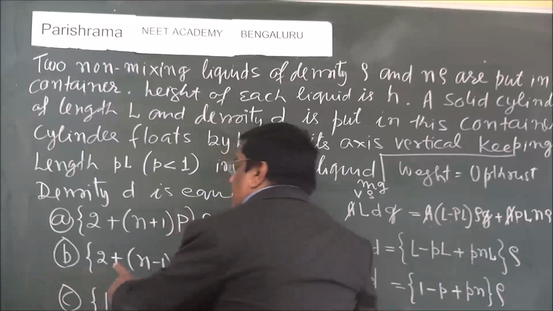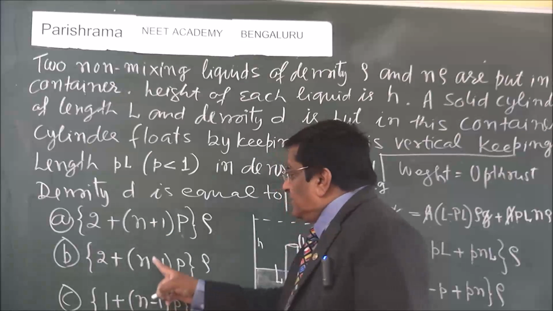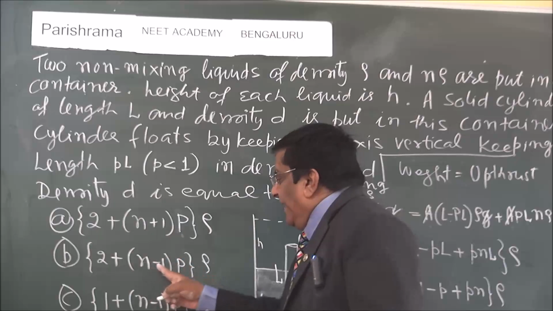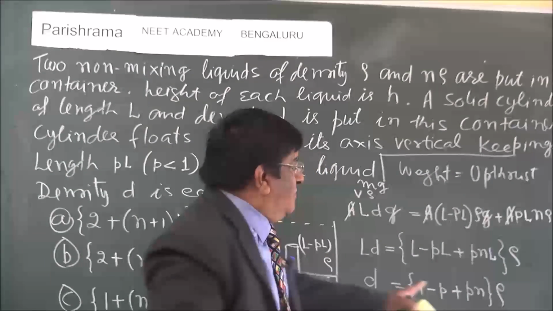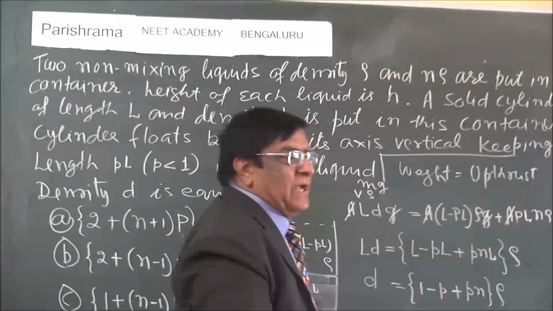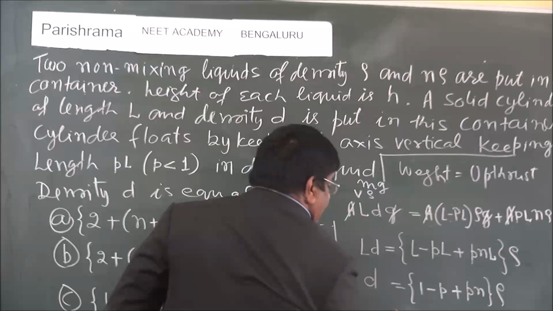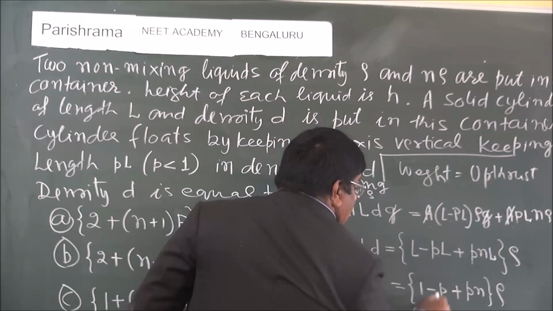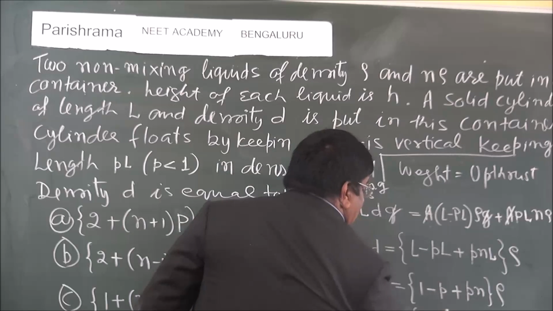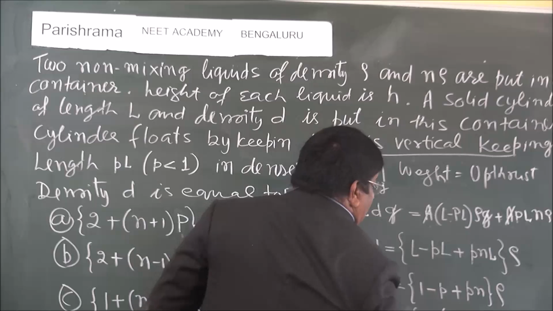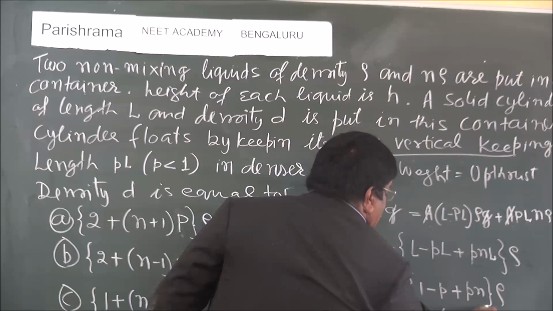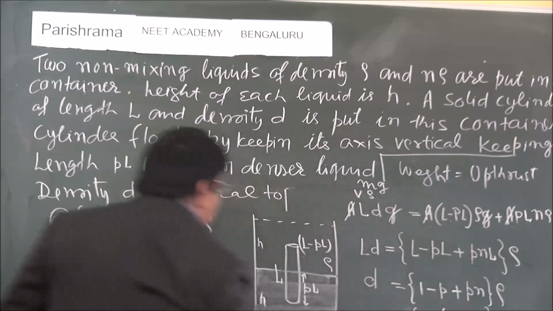It is still not matching the form, because they have given P outside in a small bracket, N plus 1 minus 1. We will do it here. Take P outside. If we take P outside, what will this be? 1 minus N. Is there something like that?